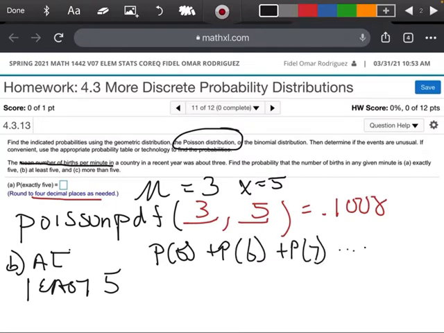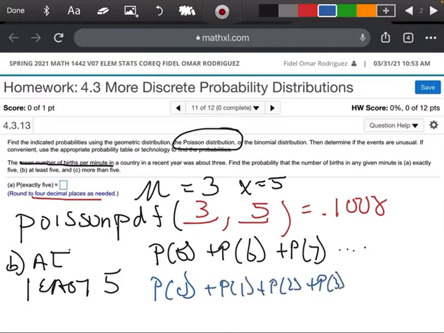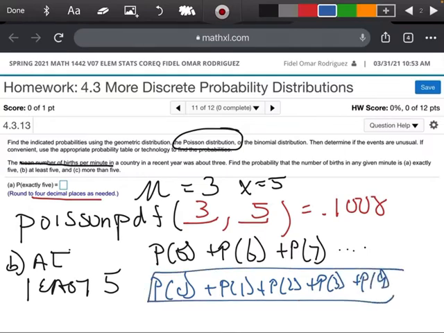So instead of me doing that, what I can do is I can say, let me find out what's the probability that it's going to be less than 5, right? So let me find the probability for 0, for 1, for 2, for 3, one more, for 4. Let me find this value, and then if I take 1 minus this whole value, then that would leave me with everything else, okay?